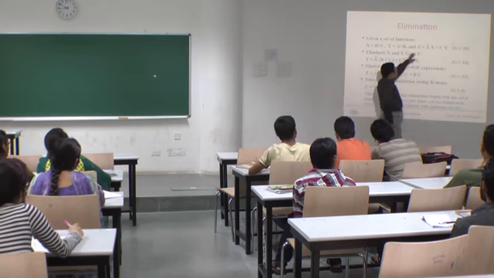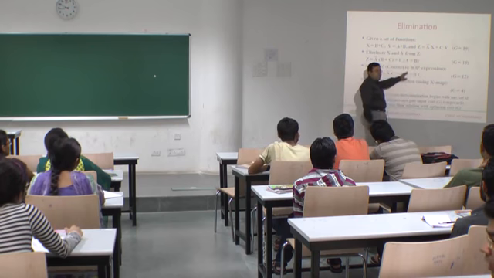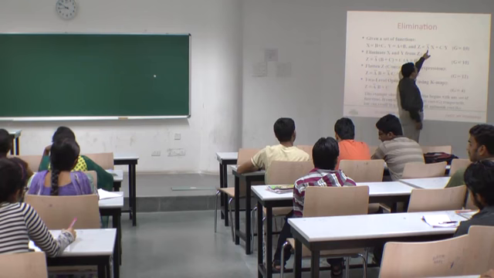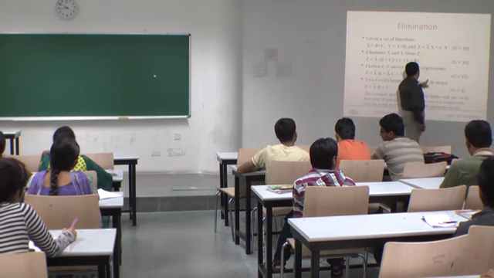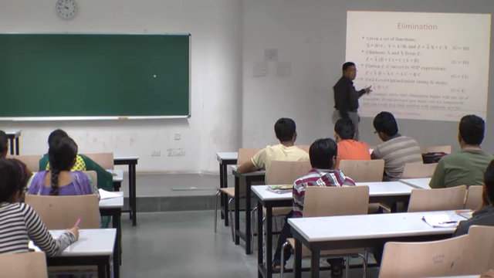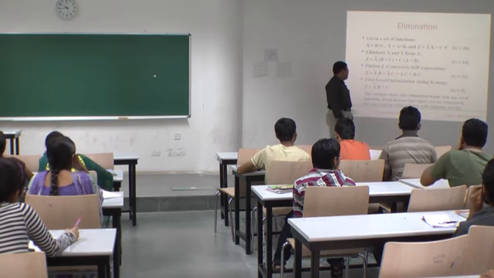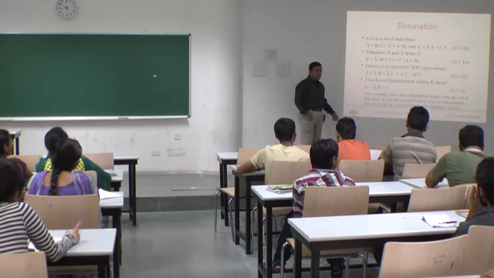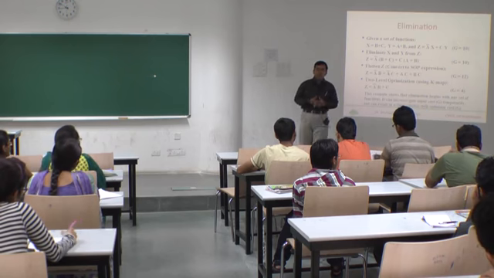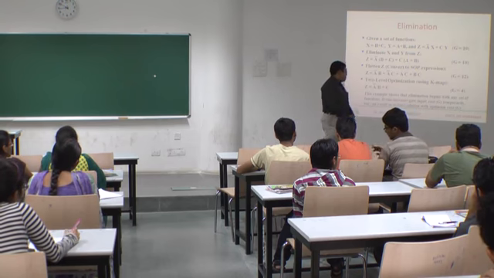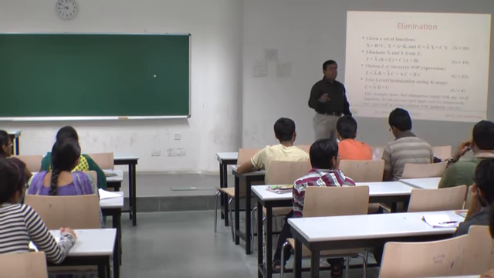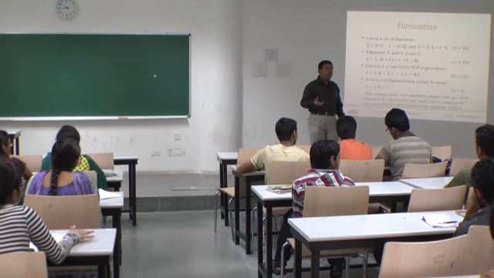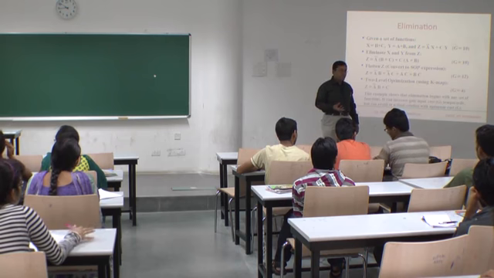This is a 4 variable Boolean function, and over here we can see that you have transformed the 4 variable Boolean function into a 3 variable Boolean function. So the elimination process can begin with any number of Boolean functions, and finally you come down to a Boolean function with reduced gate count as well as reduced number of variables.